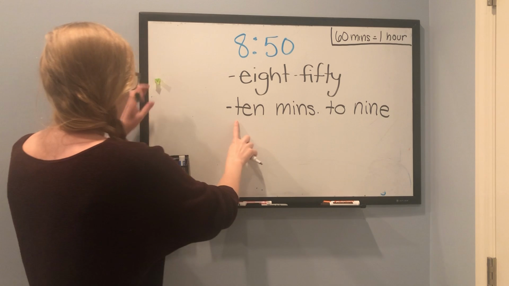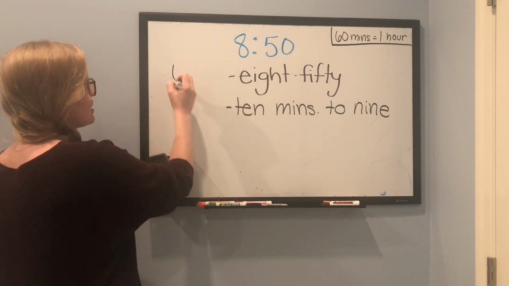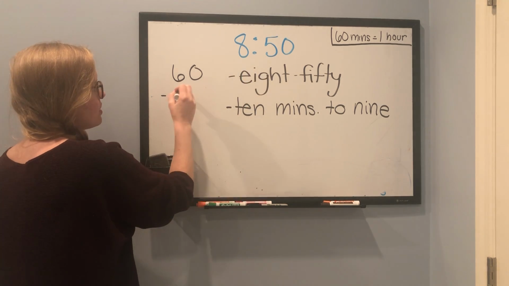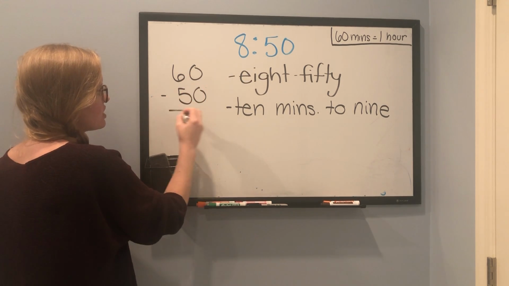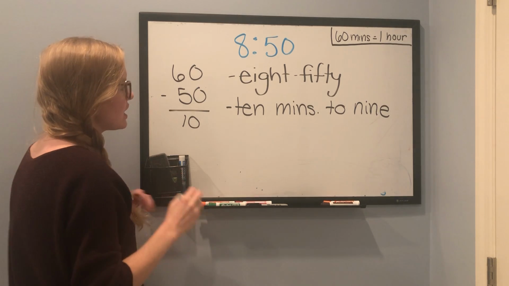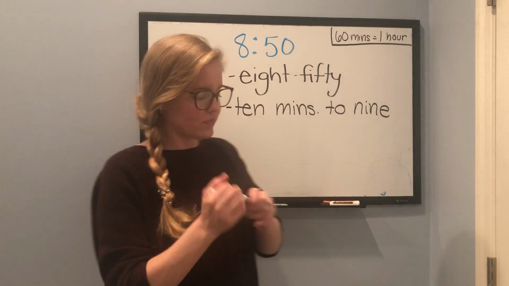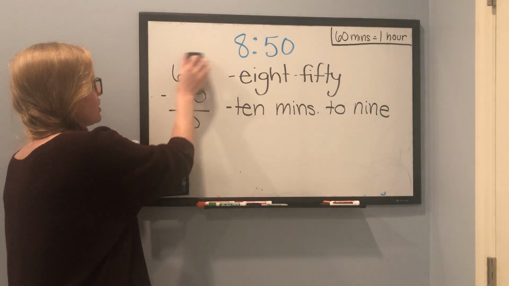10 minutes to 9, okay? How you find the 10 is you take 60, which is the amount of minutes in an hour, and you subtract the minutes. Okay, 60 minus 50 is 10. So that's how we get 10 minutes to 9. Okay? Now that's probably the trickiest way.